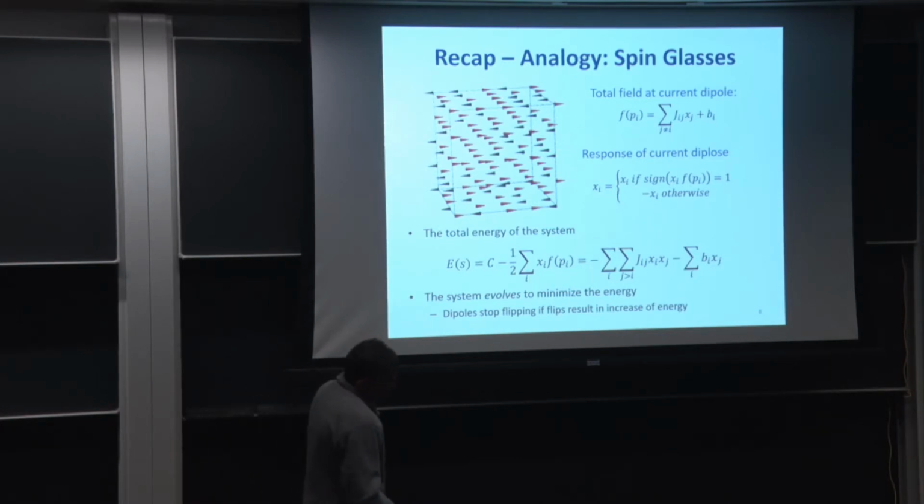There's a reason we're going to be talking about the energy of the system, as you'll see towards the end of this lecture, where the contribution to the energy of any single dipole is the product of that dipole with the local field.